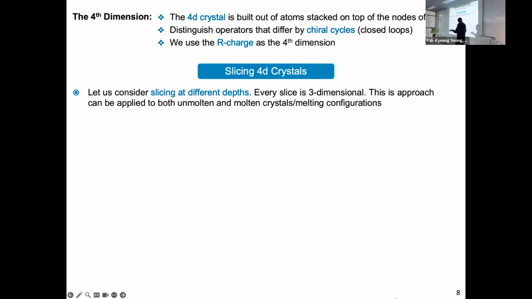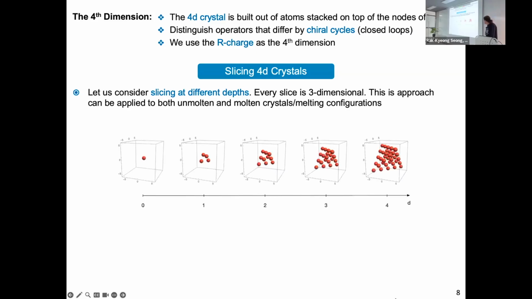Seeing 4-dimensional things is difficult, so one of the things that you can do is slice these crystals, either molten or not, at different values of the depth or at different values of the R charge, and every slice looks 3-dimensional. So here you have a picture of the crystal for that quiver that we had before, before melting.